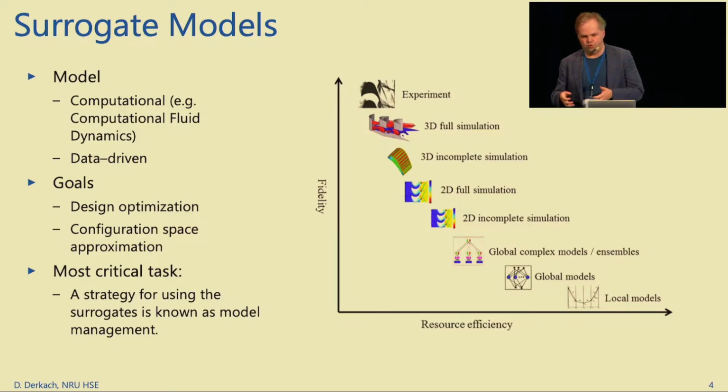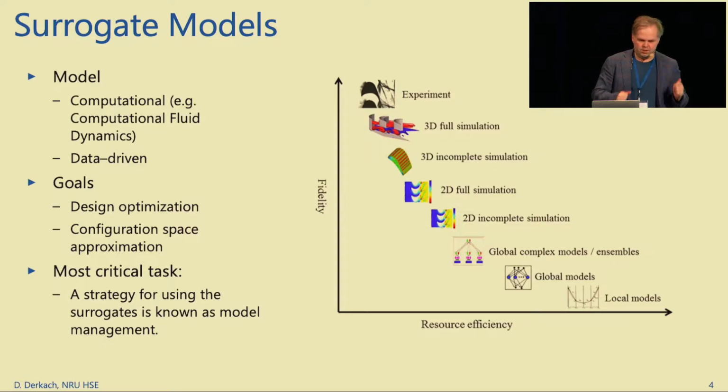So it should describe something about the real system we are speaking about, and we need to achieve some goals, like for example design optimization, or configuration space approximation, or something like this. And generally this is needed in order to have model management.